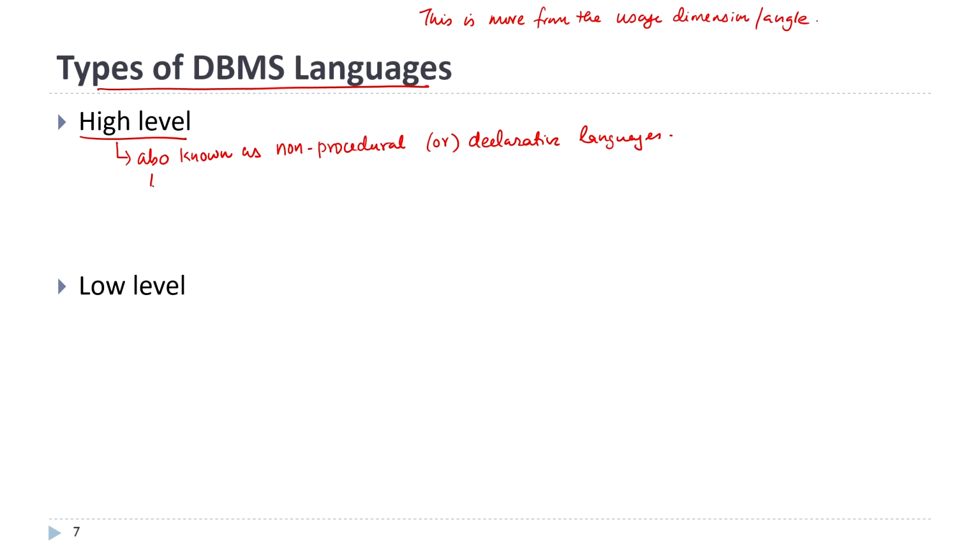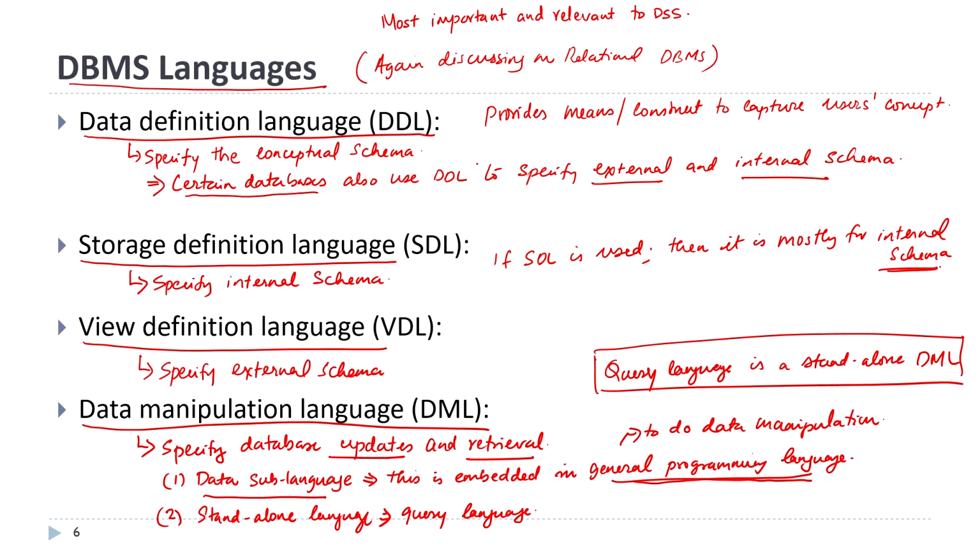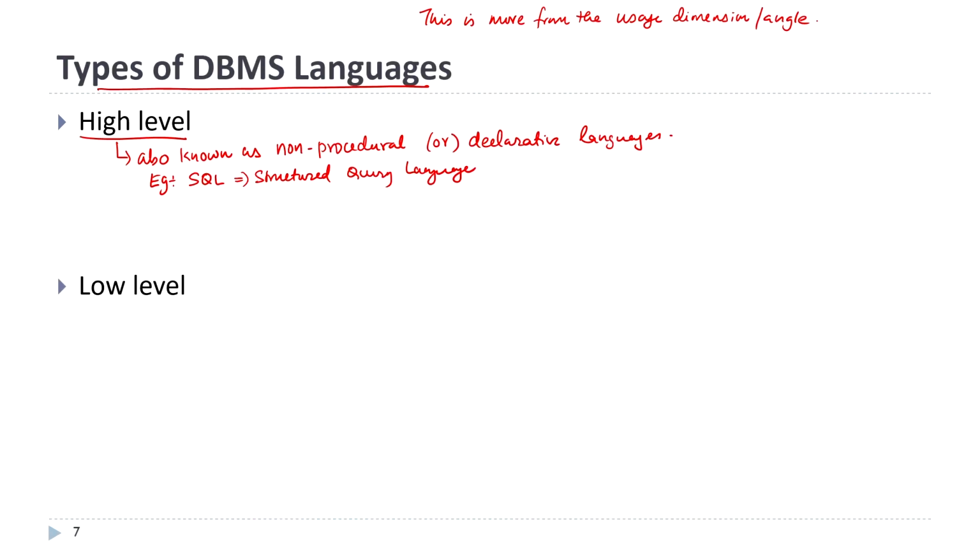Okay. The main example for this is SQL, which stands for structured query language. As I said earlier, it is a standalone data manipulation language. So, what is the important thing?